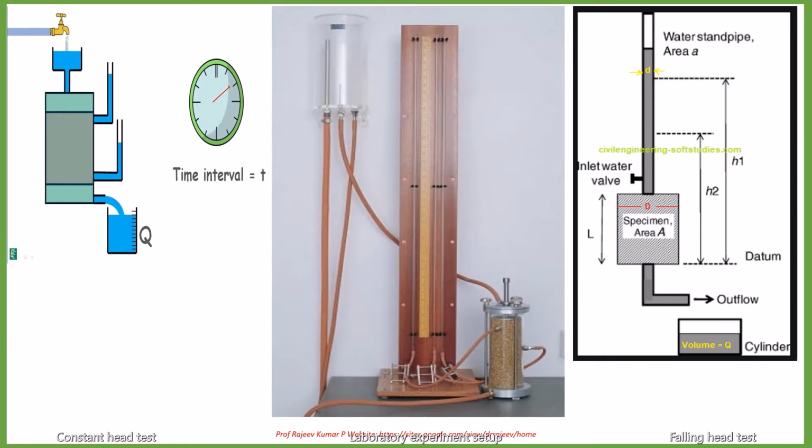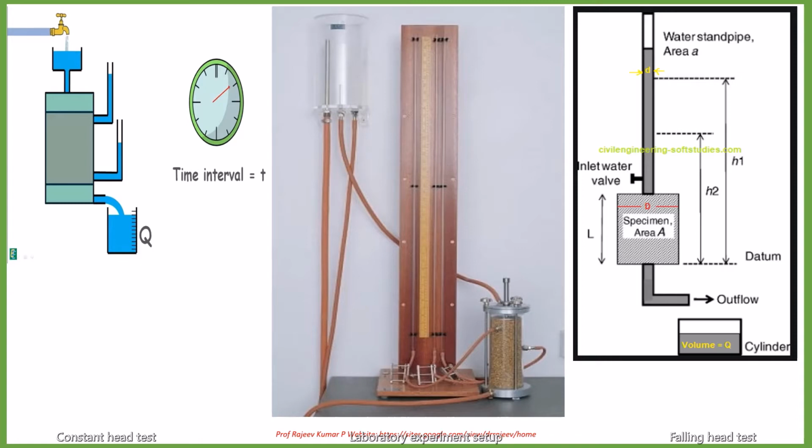But here you see there are some standpipes connected to a wooden plank. You can see a graduated scale is also kept over here. So with respect to time, you can measure the fall of water level from one point to another point.